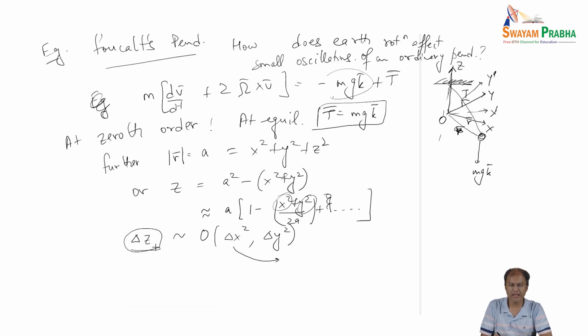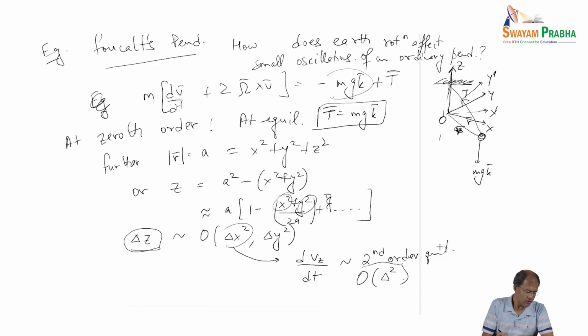Because the changes in the third dimension are second order, we expect that dvz/dt, the velocity or the acceleration in the third dimension, will be second order quantities. So this is order delta squared, whatever this delta refers to.